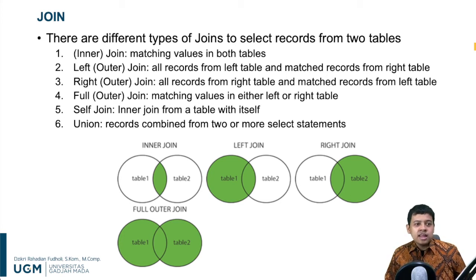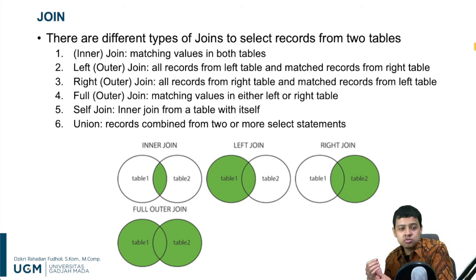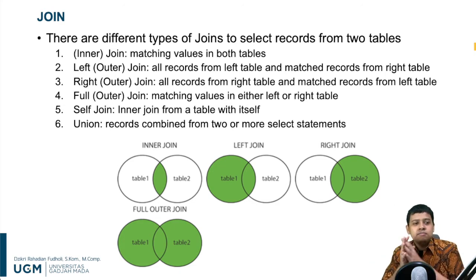Next, the next type of join is left and right outer join. Left outer join, or just left join, is just half of the full outer join. We can see here that, other than the matching values, the outputted values are from table 1 for left join and from table 2 only for right join. That's partial outer join, left or right. Which one is left, which one is right?